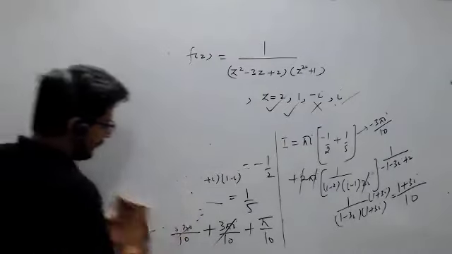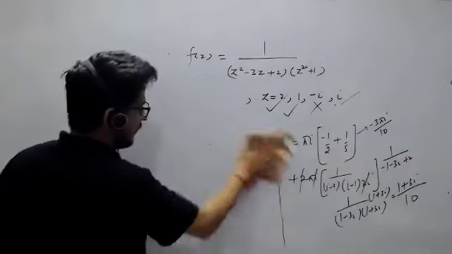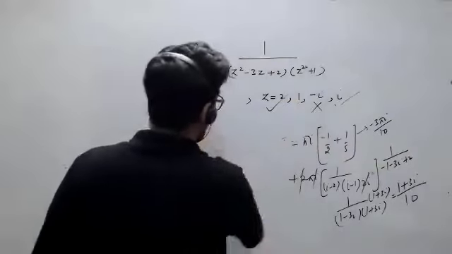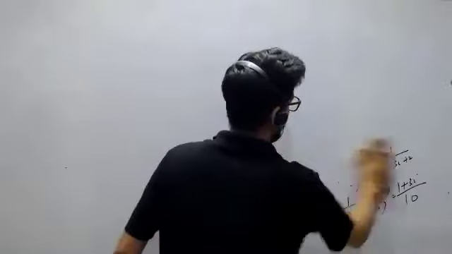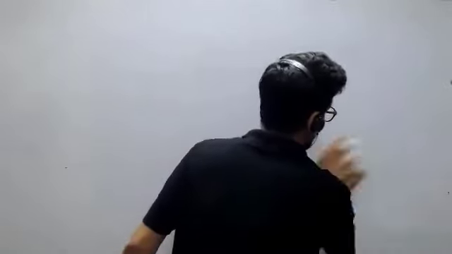So you have seen that the residue at a simple pole is so important for so many questions. Ultimately, now you have been doing it for so many questions, so you know how to calculate.